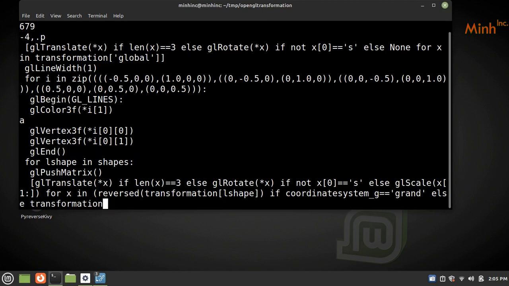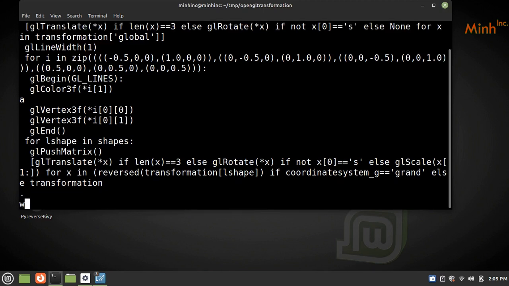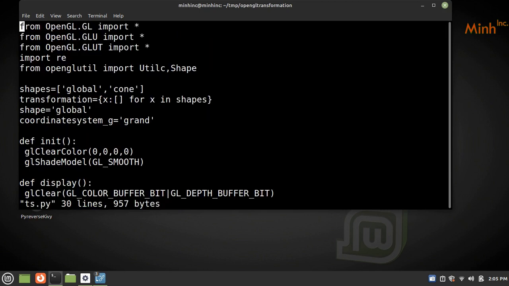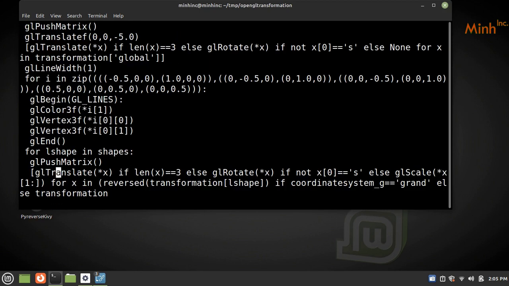I think we can keep it short. So probably we'll see the local coordinate first and then we'll see this. So we can curtail this. So glTranslate x, rotate x is equal to GA, otherwise 1.